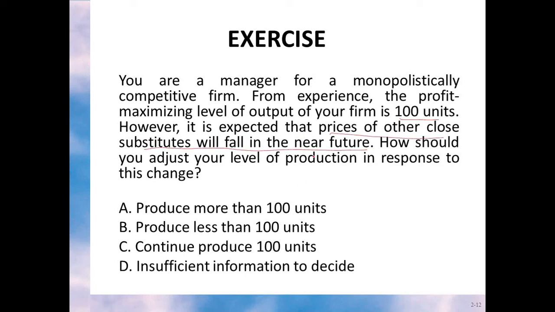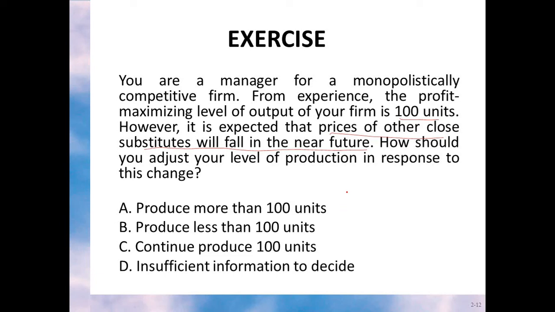How should you adjust? So this is a little bit on this chapter, but of course your knowledge in chapter 2 also will help. We know the effect of substitutes in this case. Let's say that your rival reduced the price, so what will happen to our demand just now?